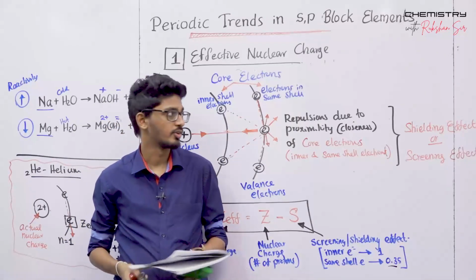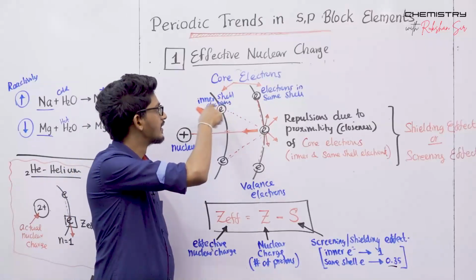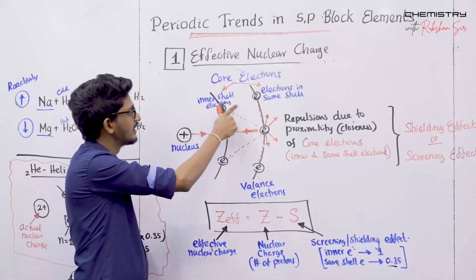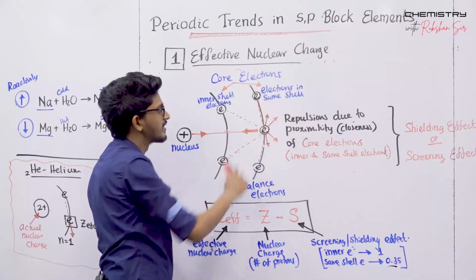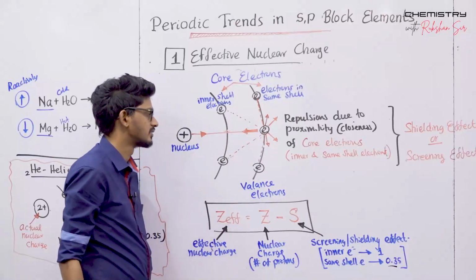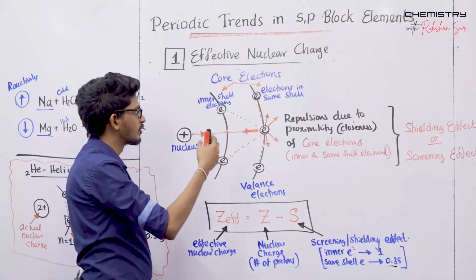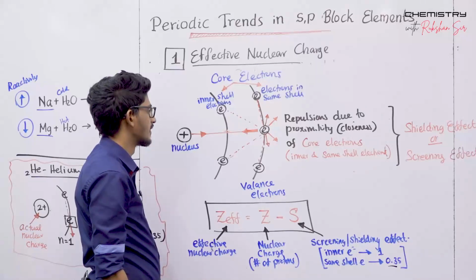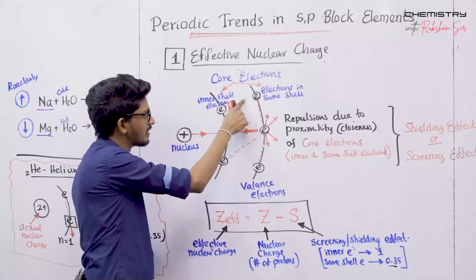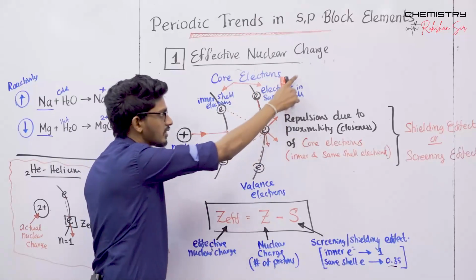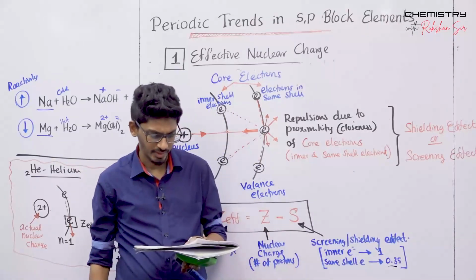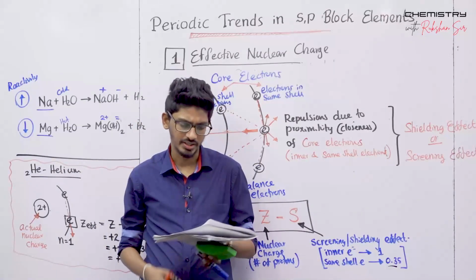Shielding is due to the co-electrons. Within brackets, just write inner electrons and electrons in same shell. Those are the electrons referred to as co-electrons, right? Close the brackets and continue.